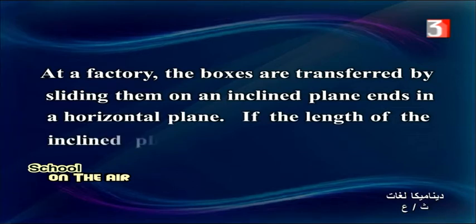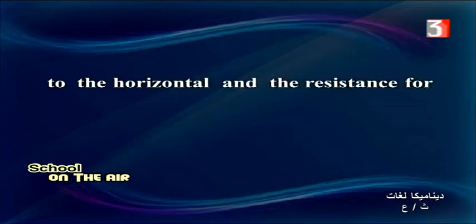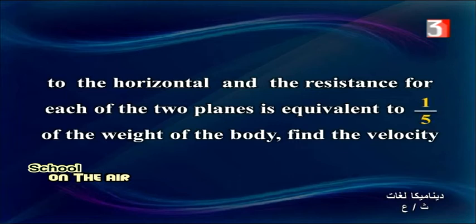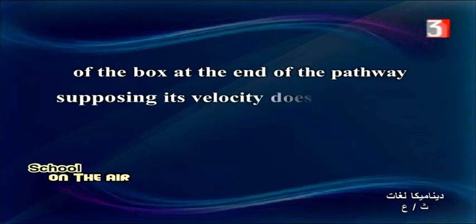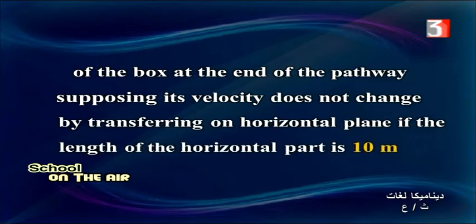If the length of the inclined plane is 40 meters, inclined at 30 degrees to the horizontal, and the resistance for each of the two planes is equivalent to 1 over 5 of the weight of the body, find the velocity of the box at the end of the pathway, supposing that its velocity doesn't change when transferring to the horizontal plane, if the length of the horizontal part is 10 meters.